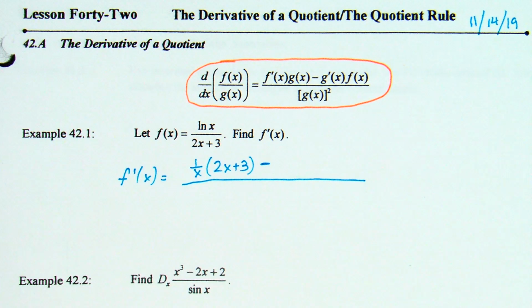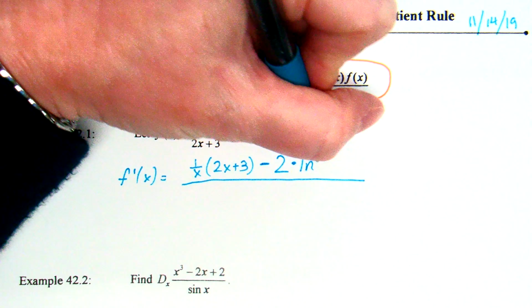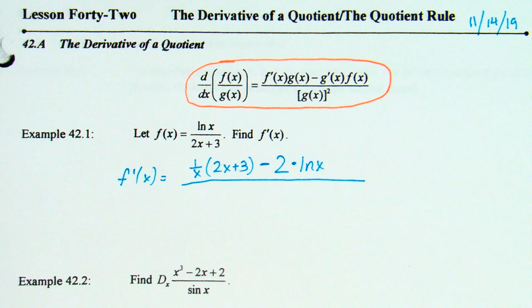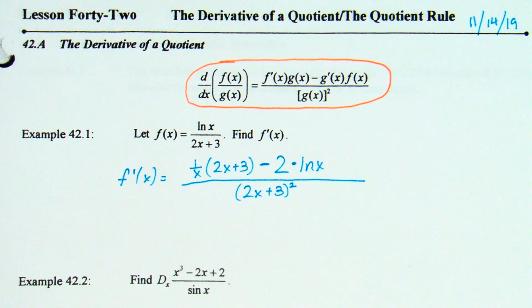Derivative of the denominator, 2, times the numerator as is. So times natural log of x. All over the denominator squared. So 2x plus 3, quantity squared. And that is your quotient rule.